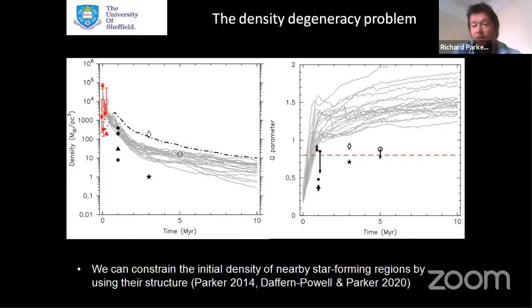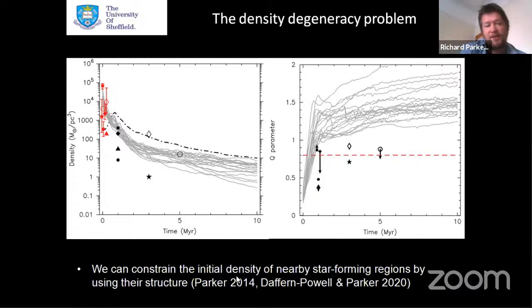To begin with, the simulations are substructured and have very low Q parameters. Then as the simulation evolves, the substructure is erased and you reach Q parameters above unity. The horizontal red dashed line in the right-hand panel is the boundary between a substructured distribution and a smooth distribution.